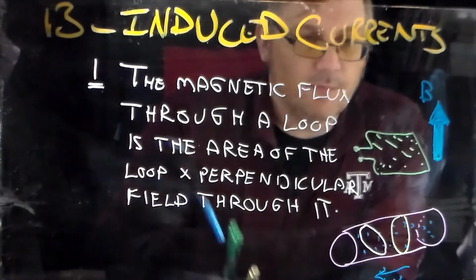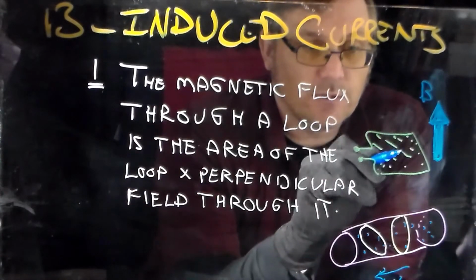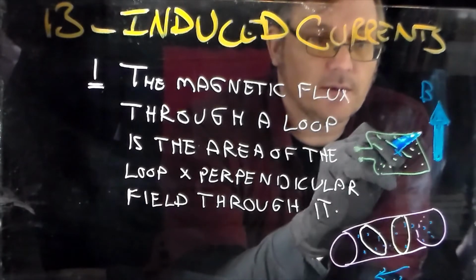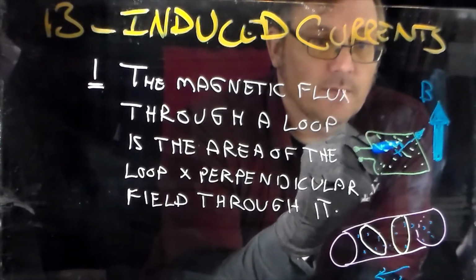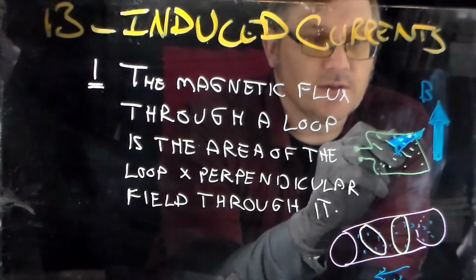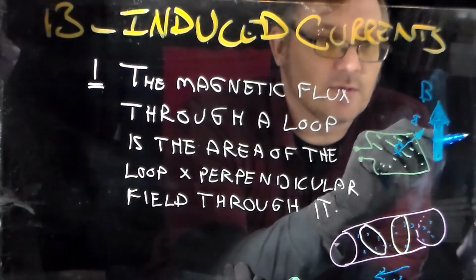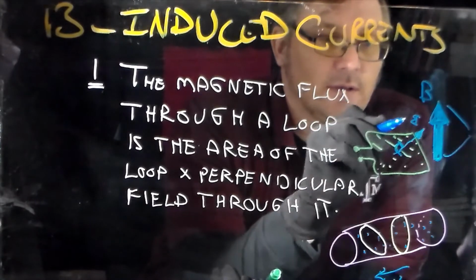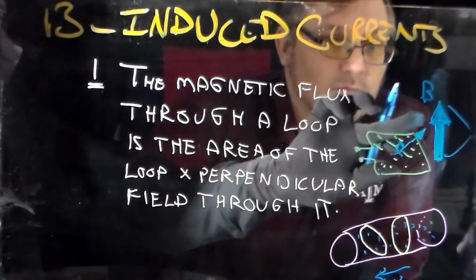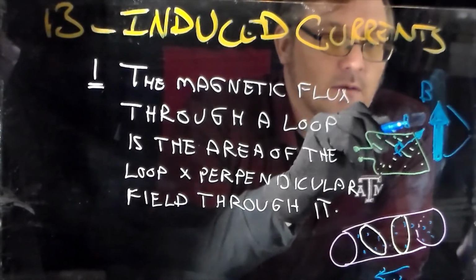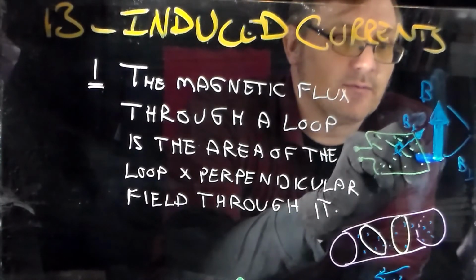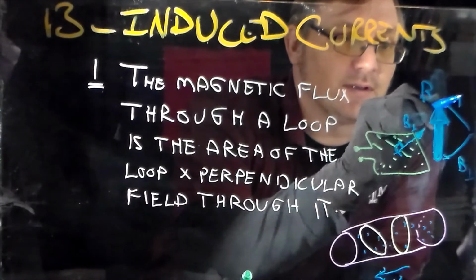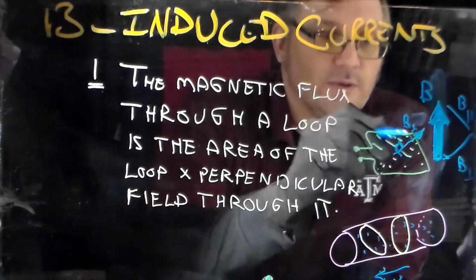Then, if you took the perpendicular direction to the loop, like you do this way, this is coming that way. What we care about is the magnetic field in this direction. We can call that B perpendicular. You can always create two different directions: this is perpendicular to the loop, and this is parallel to the loop this way.